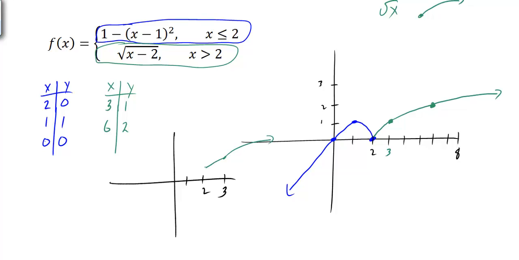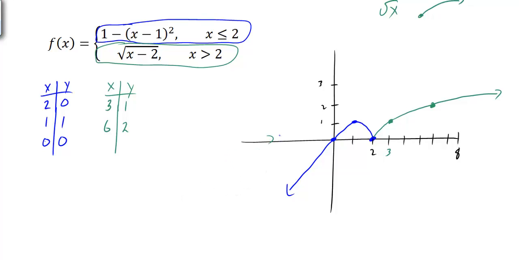Once we get here to 2, this graph would come all the way down to here, but it's not including 2, so we would have an open circle. That would be the graph of the square root function. Now what's happening is the function on top is coming along and it's going to go up and then go down, and it includes 2, so therefore it's going to fill in the circle at that point. So that's why we have a dot here at 2.